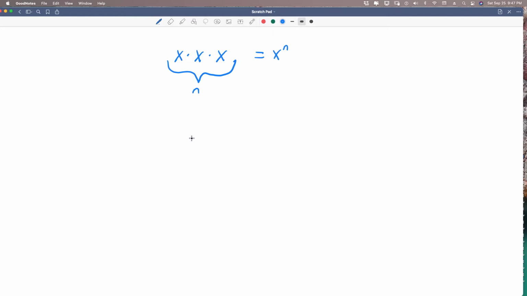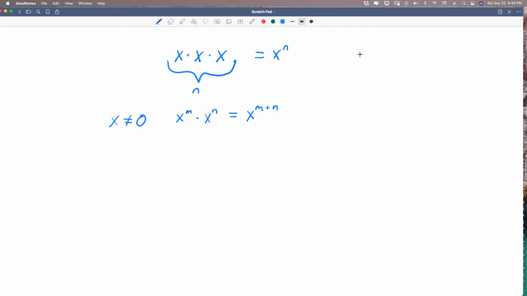Okay, and we also know that, given that x is not 0, then x to the m times x to the n equals x to the m plus n.